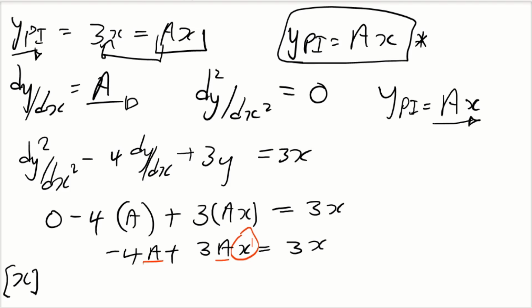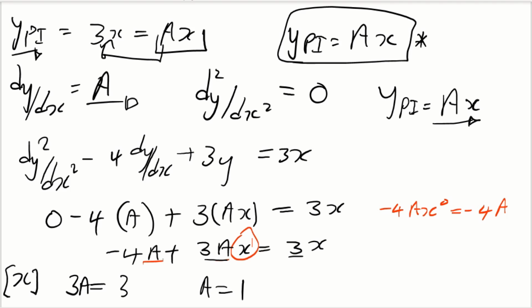You're gonna ignore this one because it is raised to the power 0; it's like minus 4a times x to the power 0, the same as minus 4a. So we're gonna take 3a equals the coefficient of the right side, so you ignore x, equals 3. So your a will be equal to 1 when you divide.